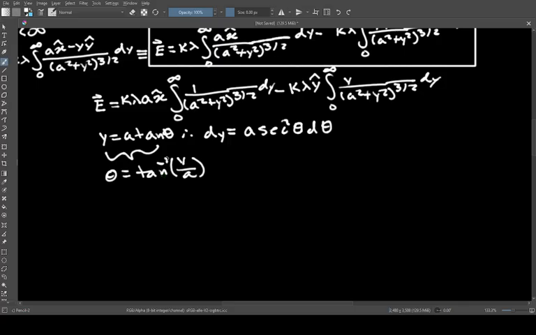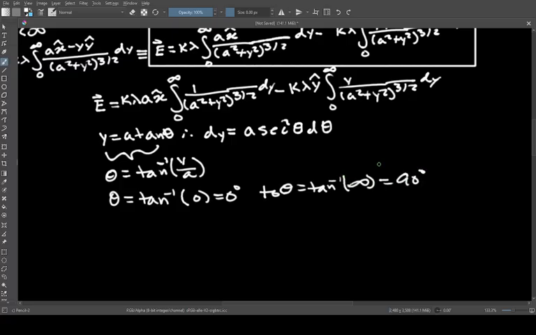This also implies the new limits of integration; we plug them in. Theta is tan inverse of 0, which is 0 degrees, to theta equals tan inverse of infinity, which is 90 degrees.